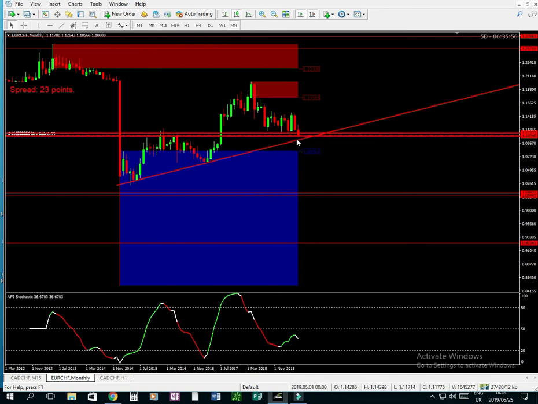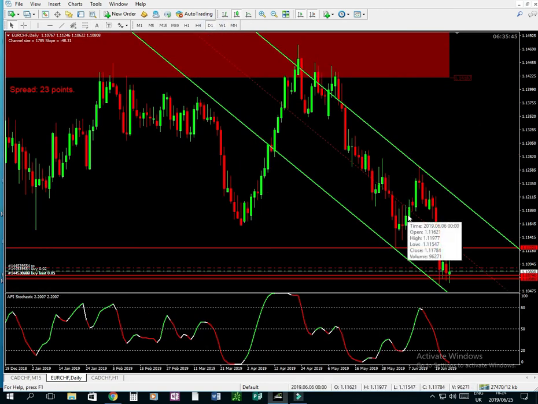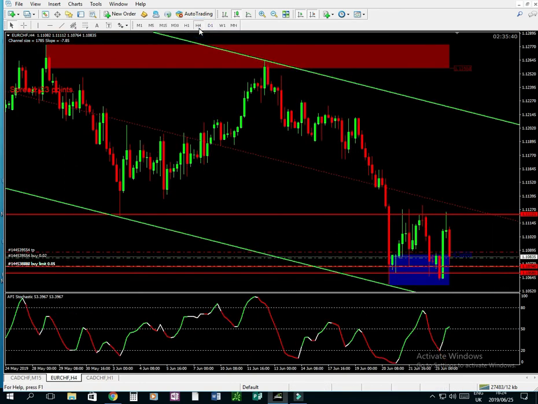Look at the monthly chart, we can see that we're already on a support. The weekly, we're at a support. We just need to wait for confirmation for a buy. Daily, we're at a support. We have to wait for confirmation for a buy. The 4 hours, it already bought, but we can see the overall charts.